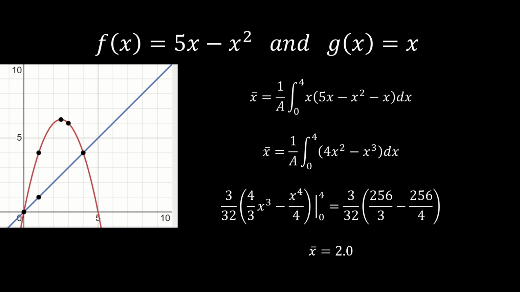Going from 0 to 4, what we have is 3/32 times the quantity of 256 thirds minus 256 fourths, which, despite there being quite a bit of fractions in there, actually equals the exact value of 2.